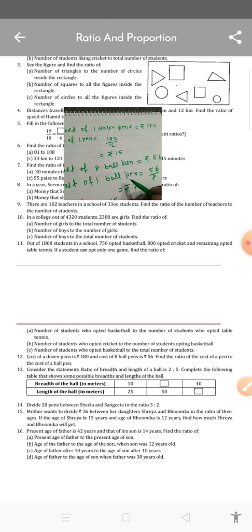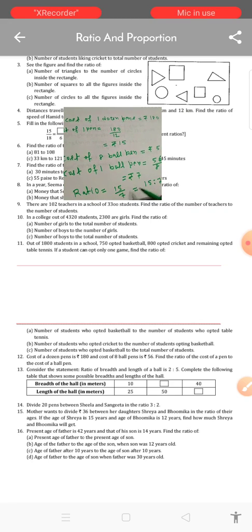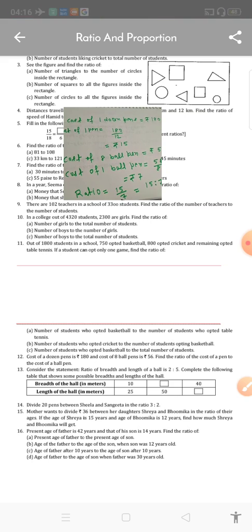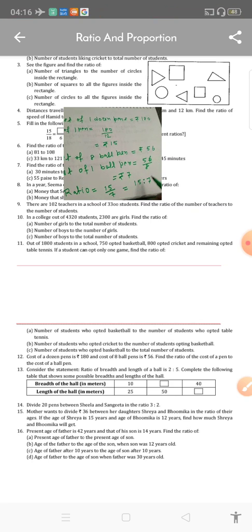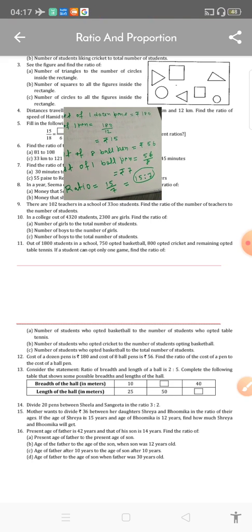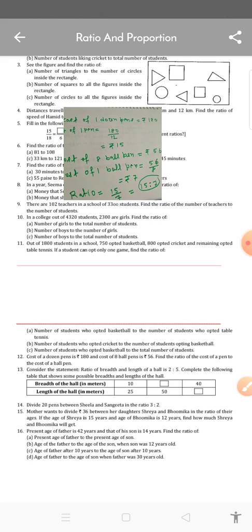So we find the cost of 1 ball pen is 56 by 8, which is 7. So the required ratio of the cost of 1 pen to the cost of 1 ball pen is 15 by 7. So our required ratio is 15 ratio 7. Clear? Now we are going to solve question number 13.